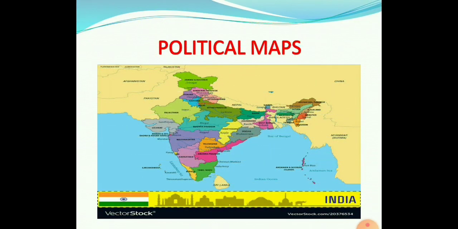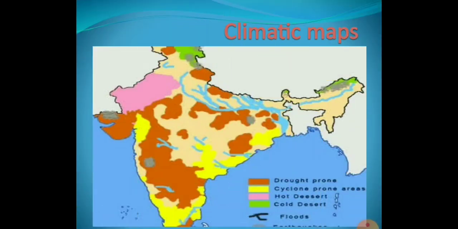Political maps. Countries, states and their capitals are shown on political maps. Next, climatic maps. General information about the climate and rainfall of a region is shown in climatic maps.